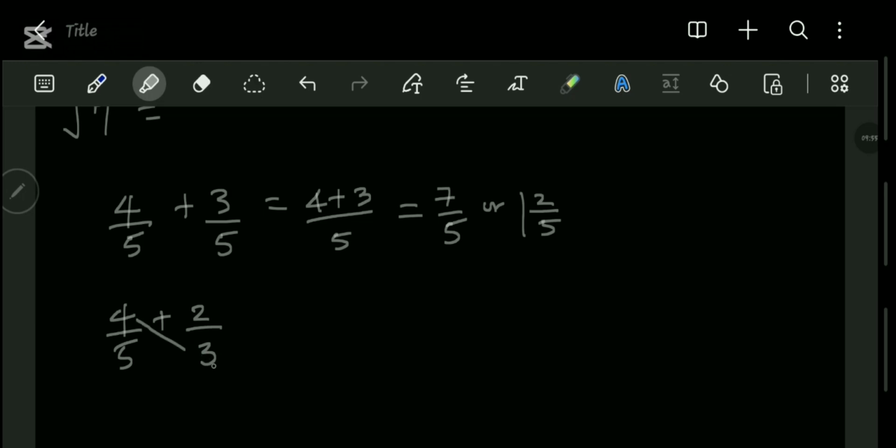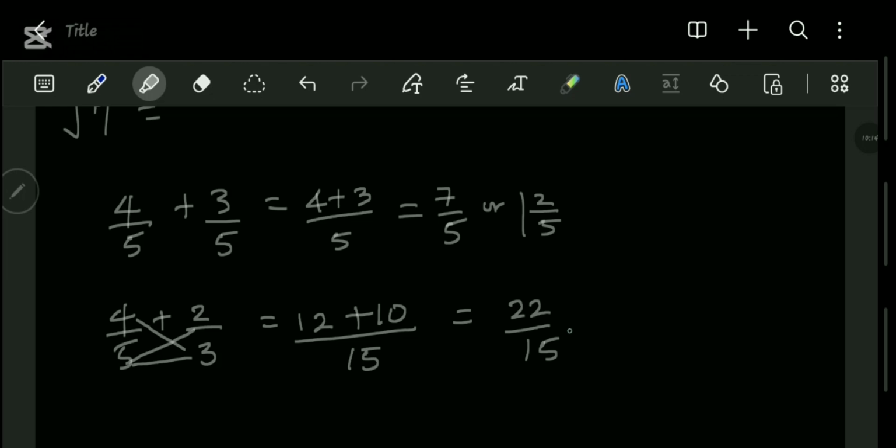That is, 4 times 3 is going to give you 12. Then plus 5 times 2, which gives you 10, then divided by 5 times 3, which gives you 15. And when you add 10 plus 12, you have 22 all over 15. So this is the fastest way.